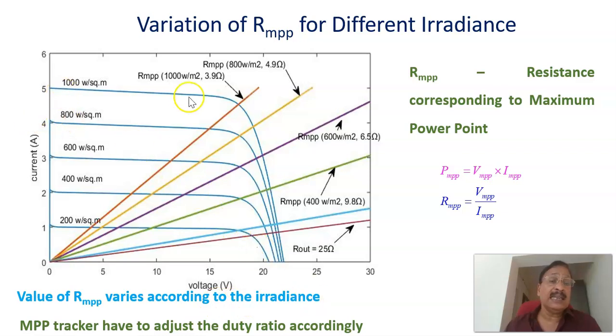As irradiance changes, RMPP will change, and it is clear that as irradiance reduces, RMPP increases. Therefore, the maximum power point tracker has to adjust the duty ratio of the converter, as we will see, so as to make the resistance the same as RMPP. Then maximum power will be transferred from the solar panel to the load.